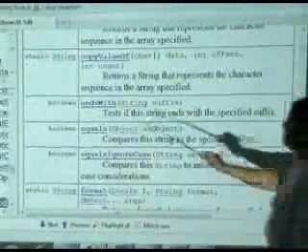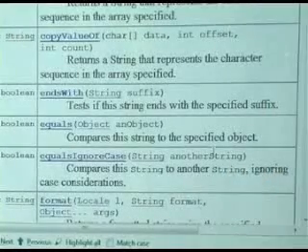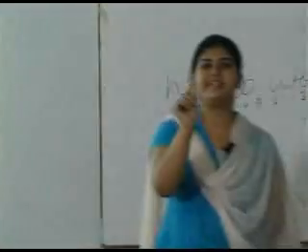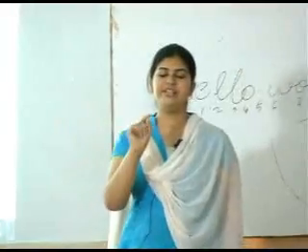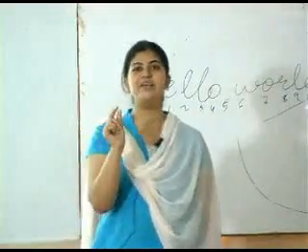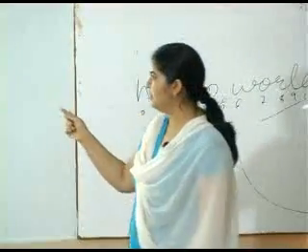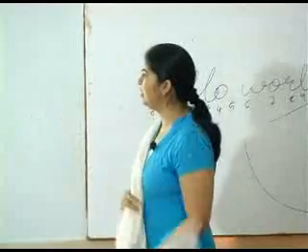Okay, endsWith is again one string method, very important. You can always check whether this particular string is ending with a D or a P or an S or with ing or not. Okay, now we will just use this endsWith.